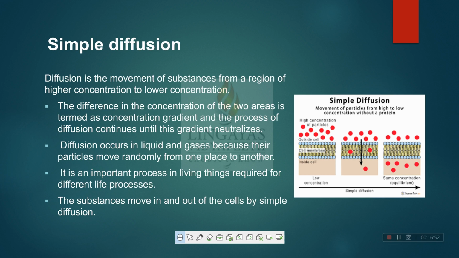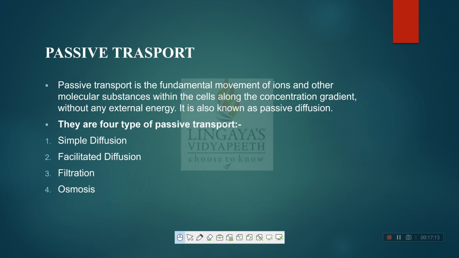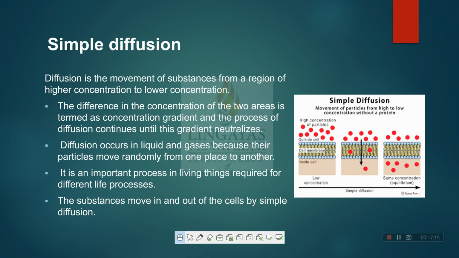Number one is simple diffusion. To know simple diffusion, we should know what diffusion actually is. Diffusion is the movement of substances from a region of higher concentration to lower concentration. But as it is part of passive transport, the movement of substances will take place along the concentration gradient only.